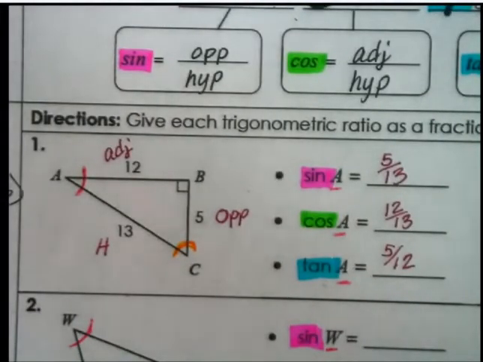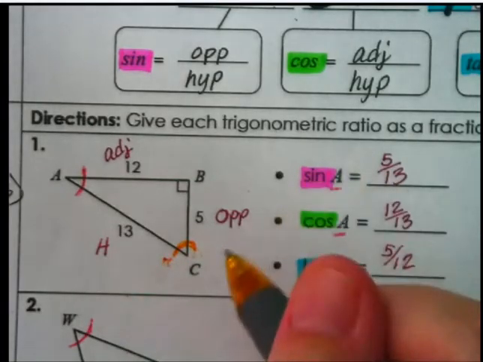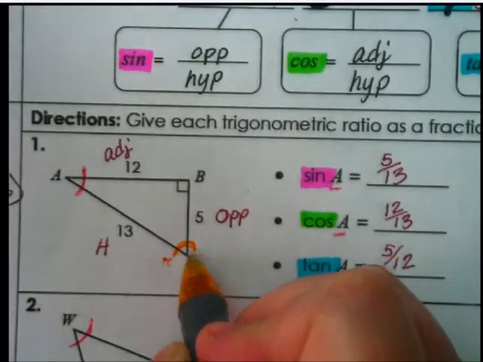So why don't you take just a moment and see if you can fill in these ratios for the orange angle C. Okay, now I'm changing colors and I'm working with orange. So the leg touching angle C is what's adjacent to it.